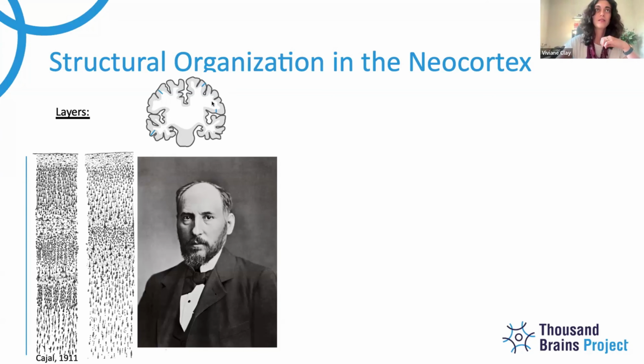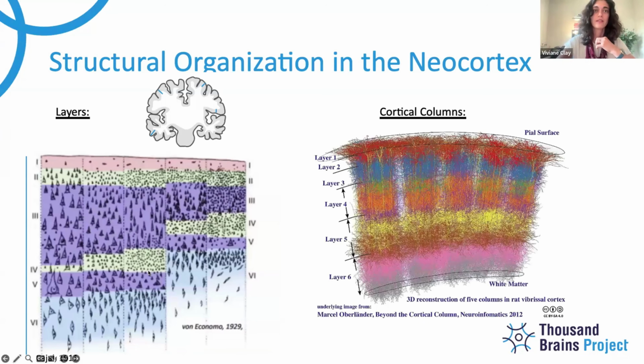And if you cut through this sheet at any point, here, here, here, you observe this kind of layered organization, and the different layers contain different types of neurons, different densities of neurons, and can have different response properties. This picture was first drawn out by Cajal in 1911, and then further classified and analyzed and so on. And basically, we find this 6-layered structure essentially anywhere you cut.